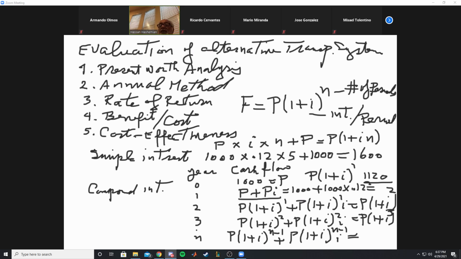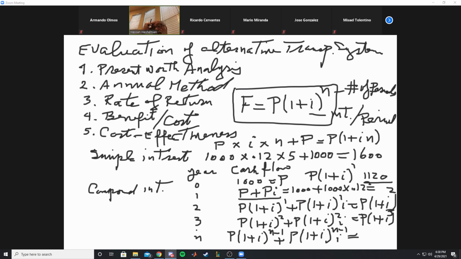So if interest is per year, n got to be number of years. If interest is per month, n got to be number of months. If I is equal to interest per day, n should be number of days. So this is the first formula that you have to learn, which is the basic formula for engineering economics.